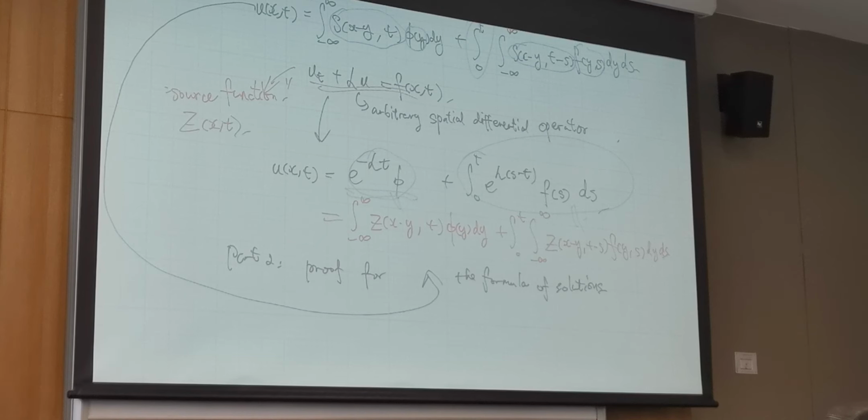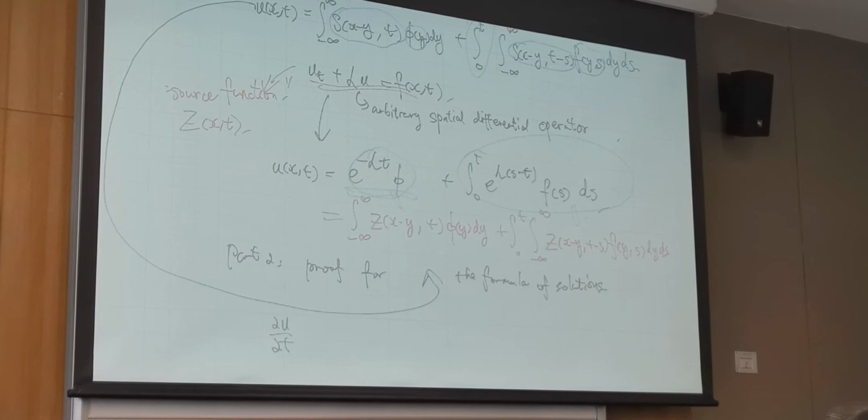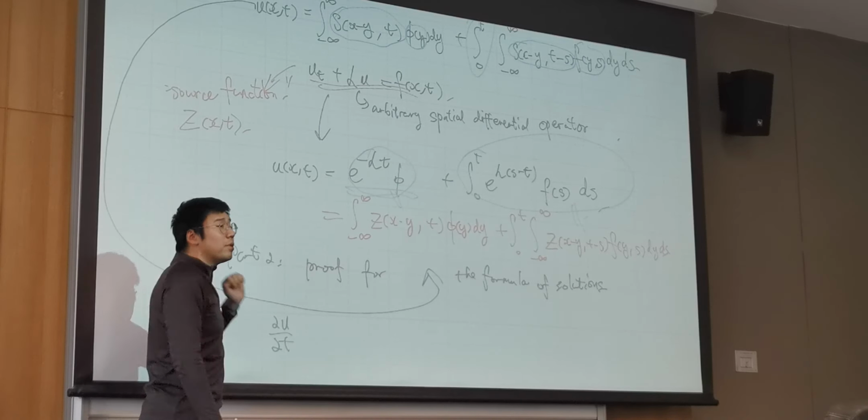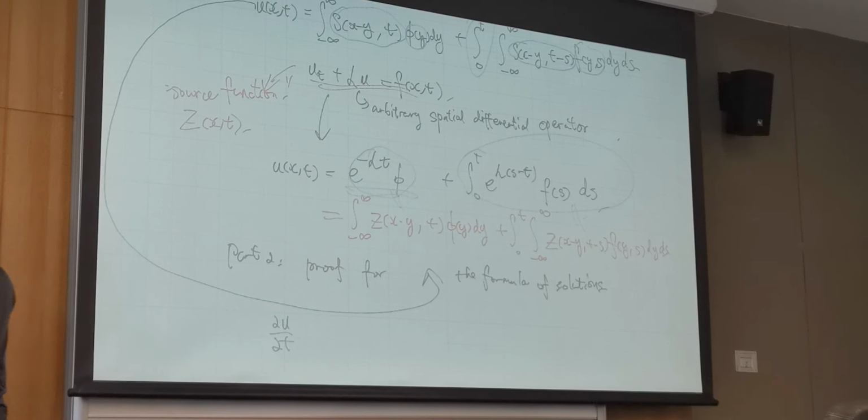Of course, the first thing is that this is my u, so I need to talk about what my partial u, partial t is. And let's say for simplicity, let us suppose that my phi(x) is actually 0.